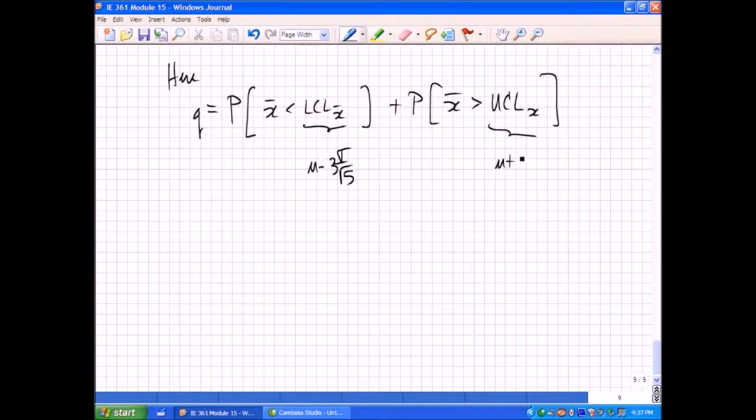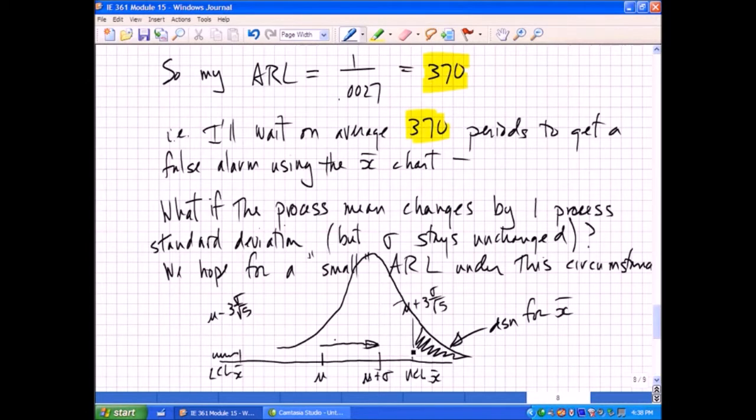This is mu plus 3 sigma over the square root of 5. But now, in order to turn this into a standard normal calculation, what I've got to do is to subtract not mu, but mu plus sigma, because my picture is this picture down here at the bottom, where I've got the distribution of x bar not centered at mu, but centered over here at mu plus sigma.